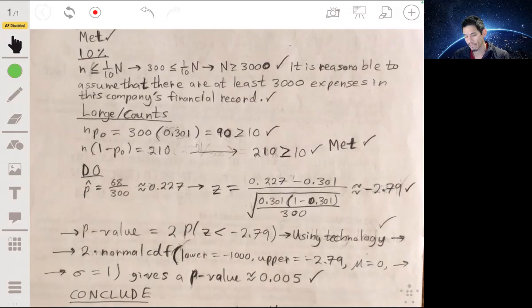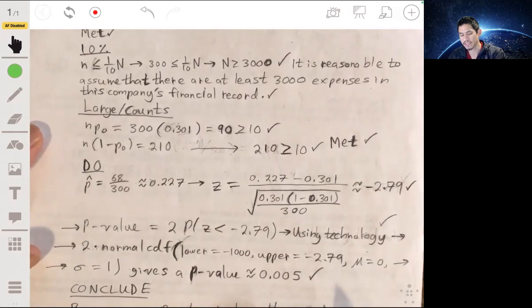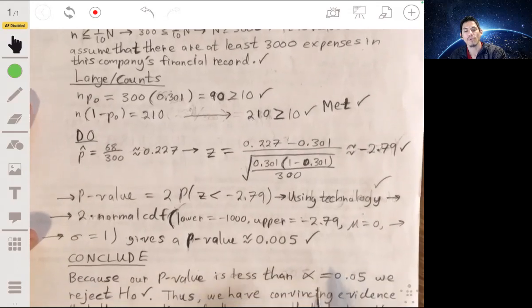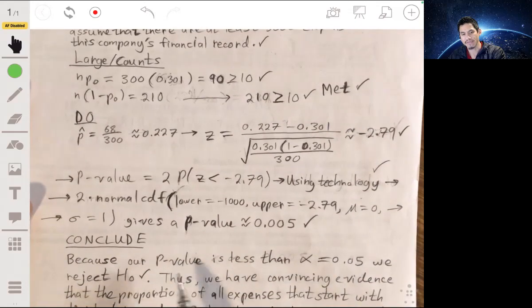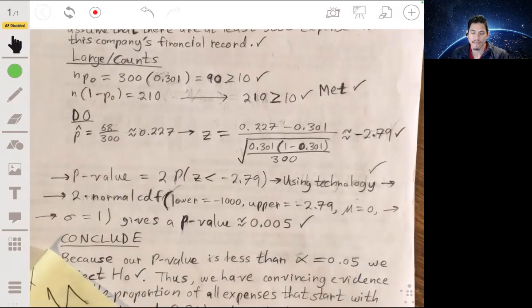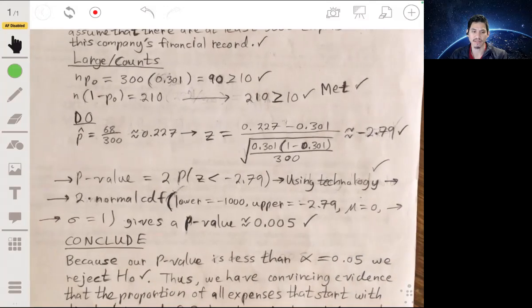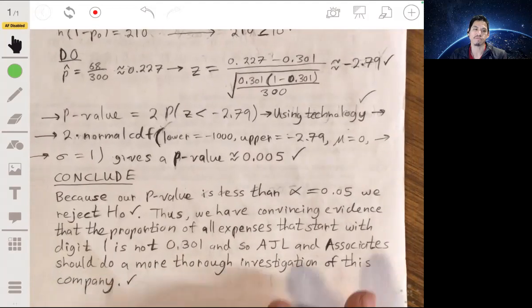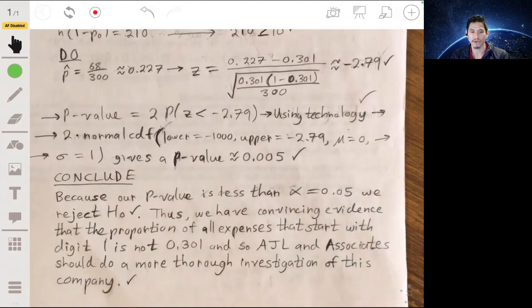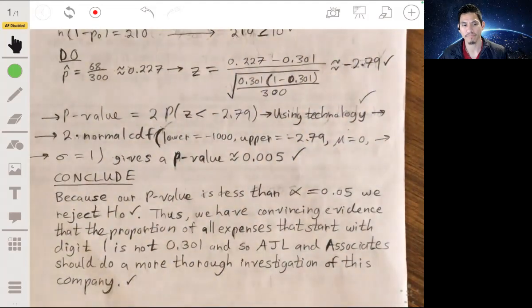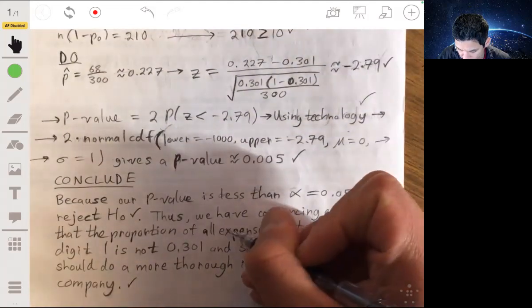Since our p-value is less than our alpha of 0.05, we are going to reject H0 because we have convincing evidence that the null hypothesis is not true, and that the true proportion of all expenses that start with the digit 1 is actually not equal to 30%. So since it's not equal to 30%, we probably would advise them to do a more thorough investigation of this company. They might be committing fraud, and looks like they might be getting caught too, unfortunately.